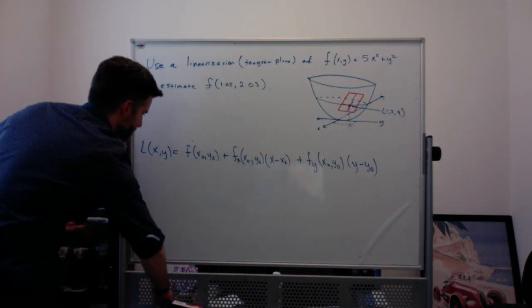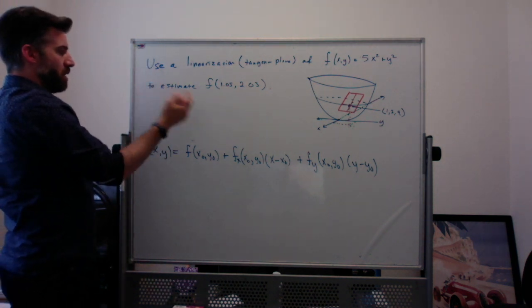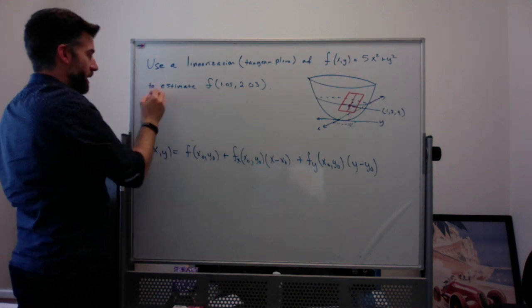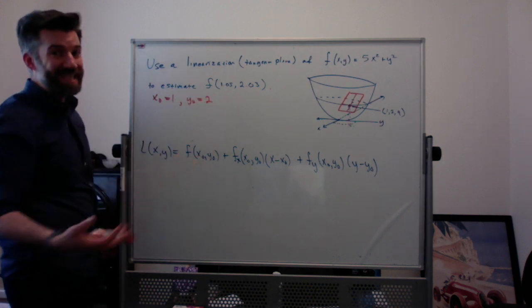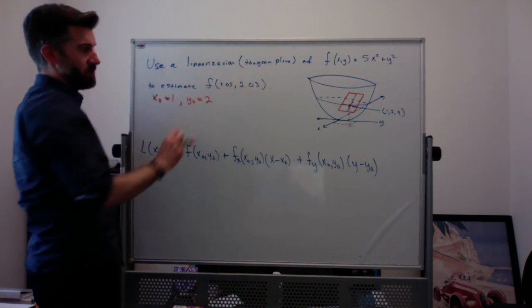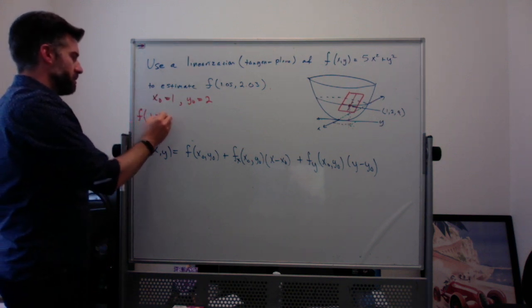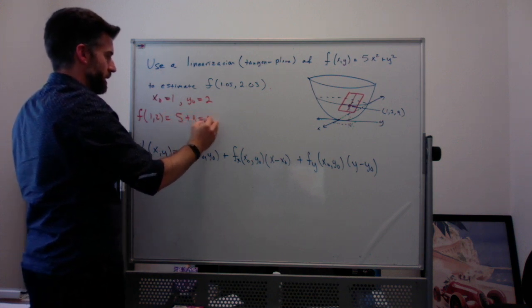Let's do it. So let's find our partials. First of all, a couple things. Our x naught is 1, y naught is 2, right? They're the easy values that are close to the values there, and it usually should be pretty obvious. So f of 1, 2 is, as I said before, 5 plus 4, which is 9.